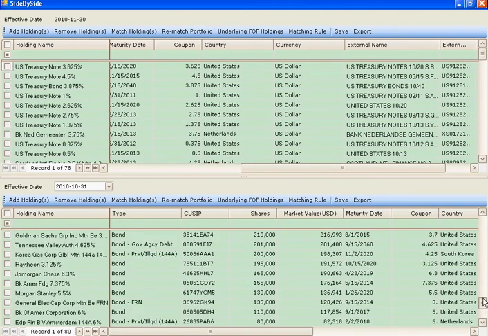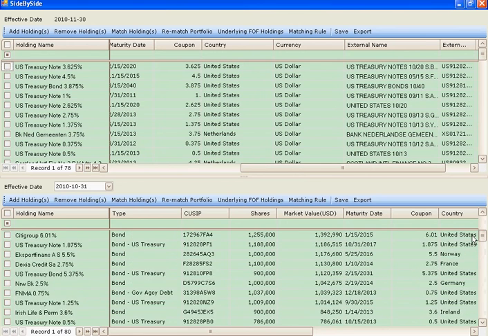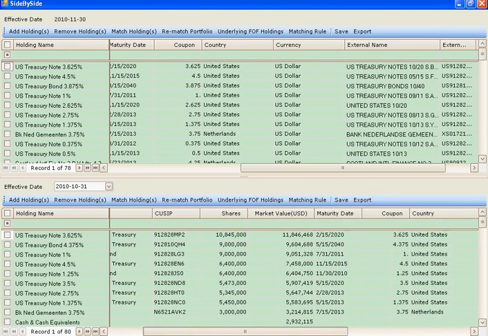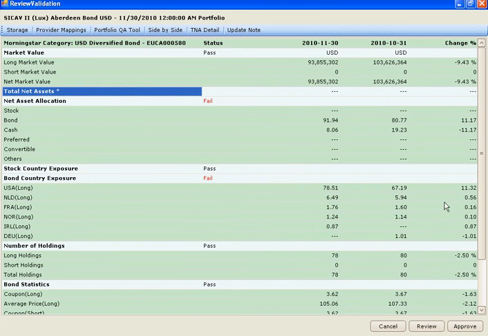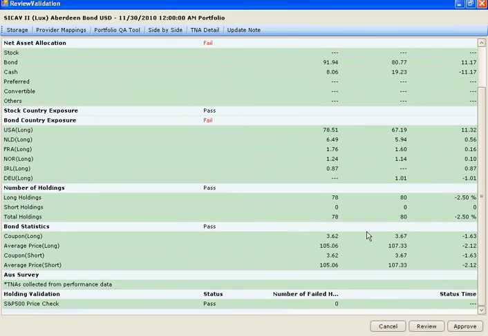But in this one, you can also see the country exposure here. Even though it failed, according to our experience, they are correct.